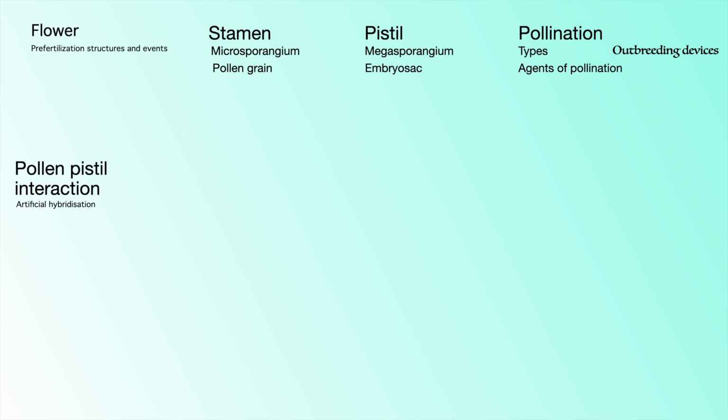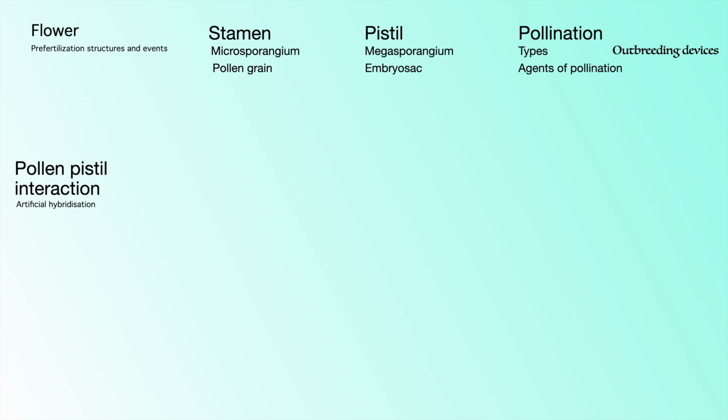The technique is called bagging, so that when the bag is put, other pollen cannot come and land on the stigma. Then we wait. Once the stigma is receptive for the pollen, we open the bag and dust the pollen grains we have. Then again we close the bag to prevent contamination.